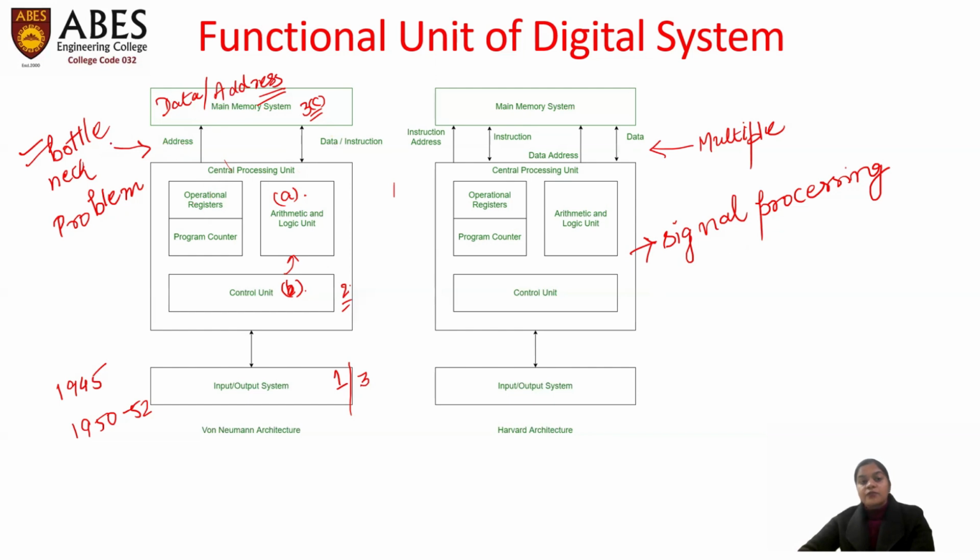How we have bypassed this problem, we will understand in further videos, where we will discuss the system bus. When you understand the term system bus, you will get the idea how this bottleneck problem has been bypassed and one single pathway has become very efficient in processing multiple tasks and instructions. That is why we are using von Neumann architecture in our current computer systems.